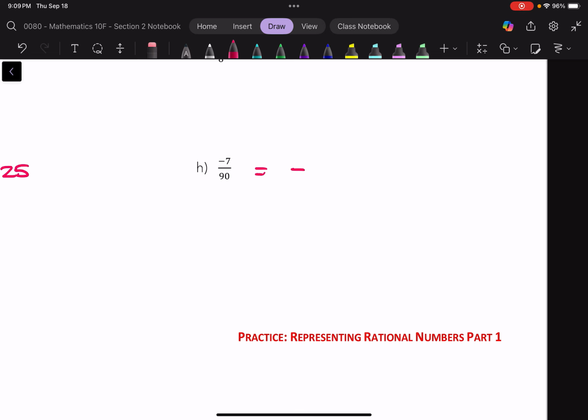And 7/9 would give me a repeating decimal. 1/9 means one digit repeats, so I would have 0.7 repeating. But since it's 7/90, one extra 0 implies that I need to include one extra 0 before the value after my decimal. So I get 0.07, and then that 7 is repeating.